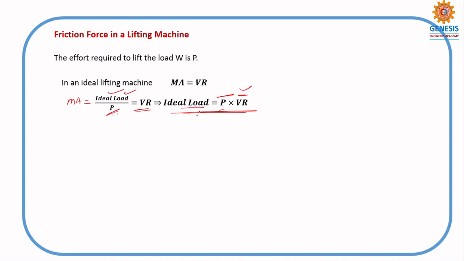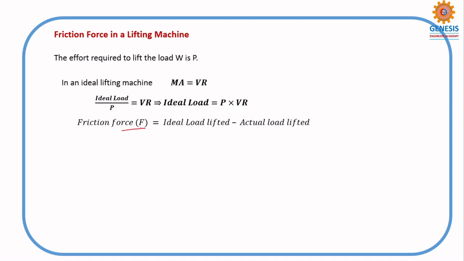So this is the ideal load. What is the actual load? You know that one. So this is the actual load. So ideal minus actual, you are going to get the loss. Okay. So that is the frictional force, or otherwise frictional load.